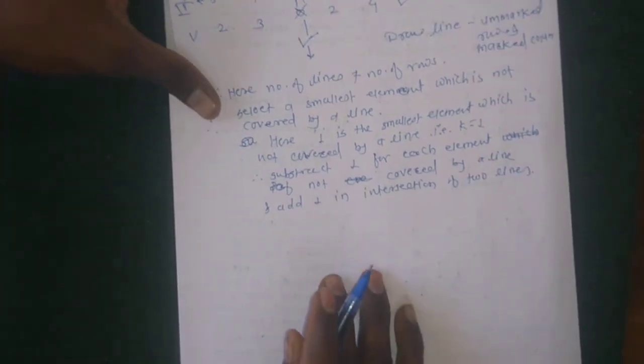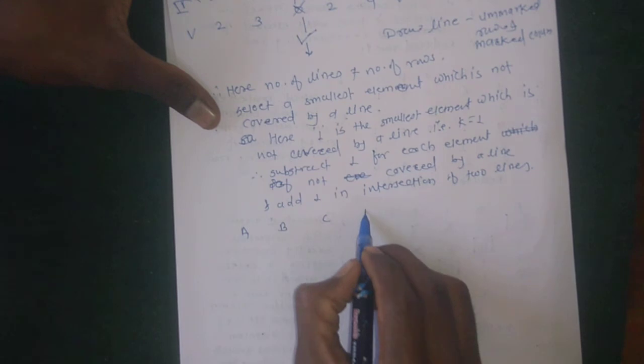Okay, so the respective table has columns A, B, C, D, E.